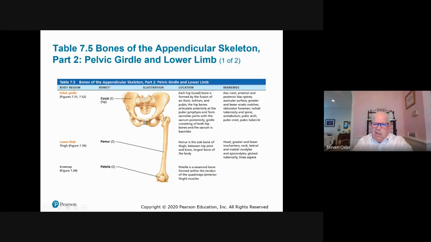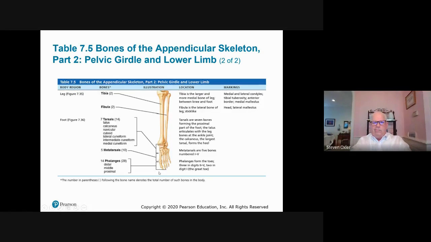Okay? This is the proximal joint of the femur. The distal joint is the knee, right here. All right? Here is the knee. We'll talk about these bones.